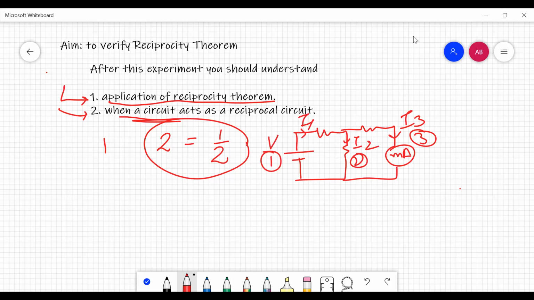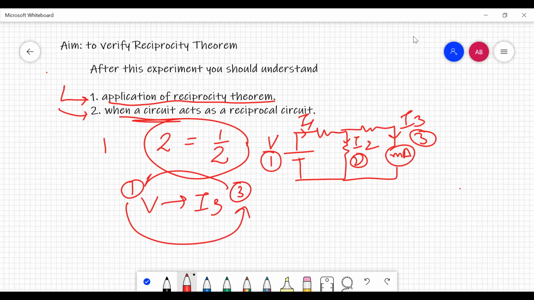So if this voltage that is applied in branch 1 is giving us a response as I3 in branch 3, then if I am going to interchange this one to here and this current source to the voltage side, then again the current that will be produced will be the same. For example, if I am getting the ratio V upon I3 as some constant here, let's say K.